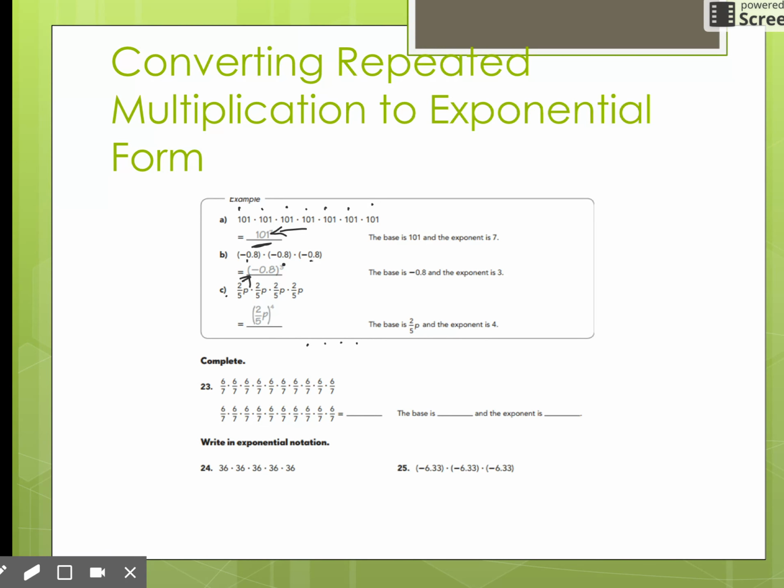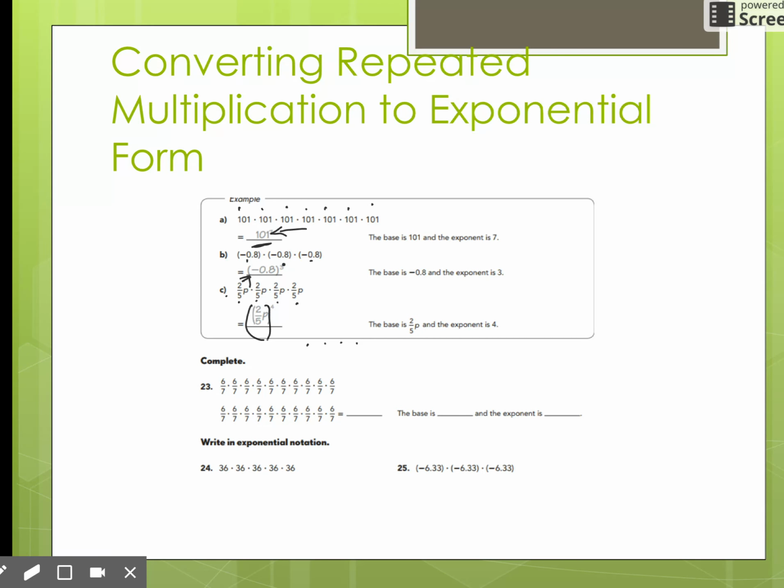Variables can also be included, like it shows in example C. 2/5 P is being multiplied 1, 2, 3, 4 times. So we keep 2/5 P to the 4th power. The reason this is in parentheses here is because they want to emphasize that it's not just P being raised to the 4th power. It's the entire base of 2/5 P.